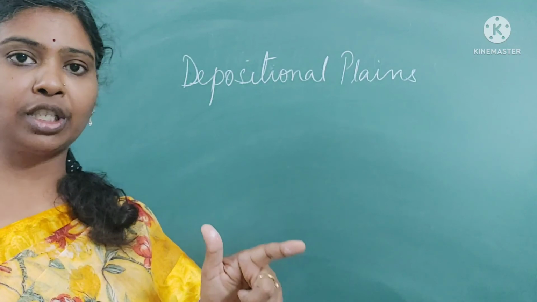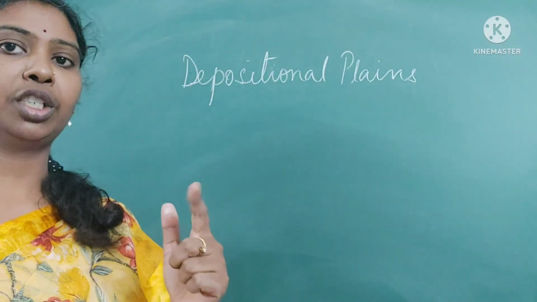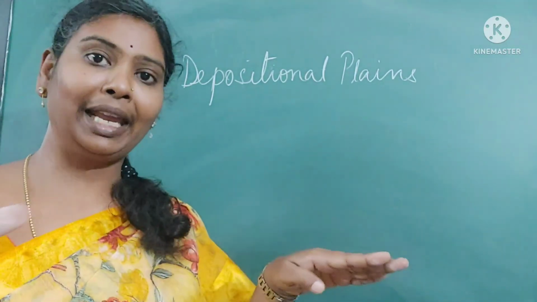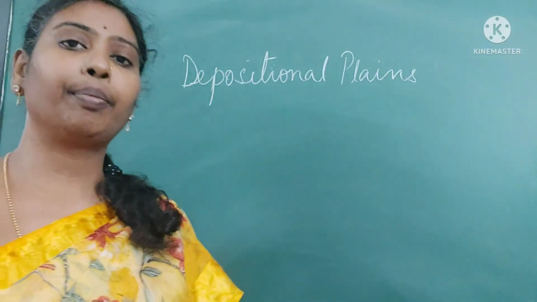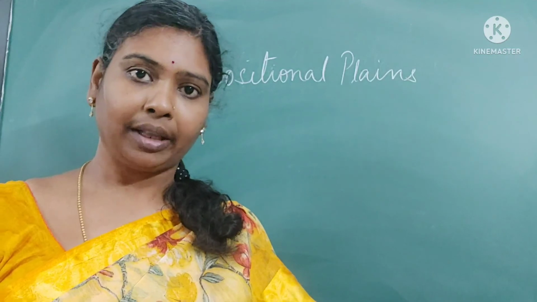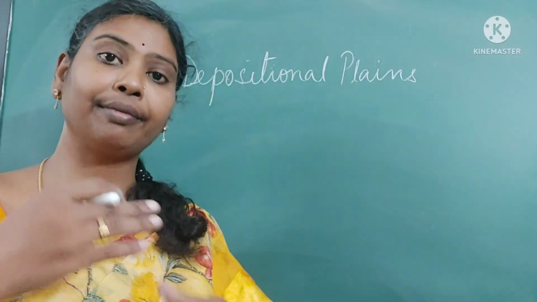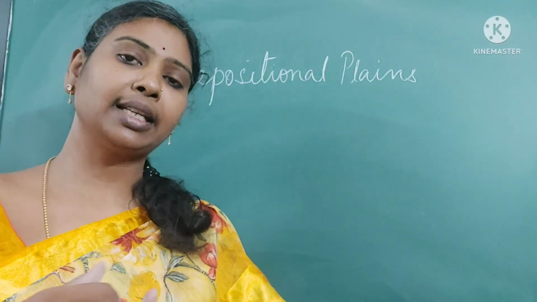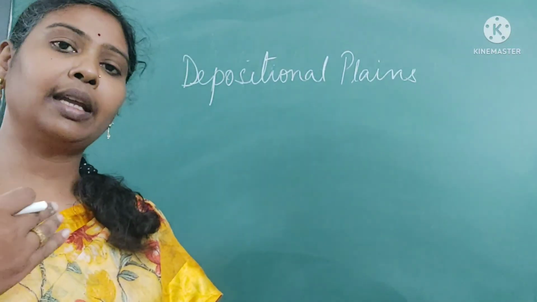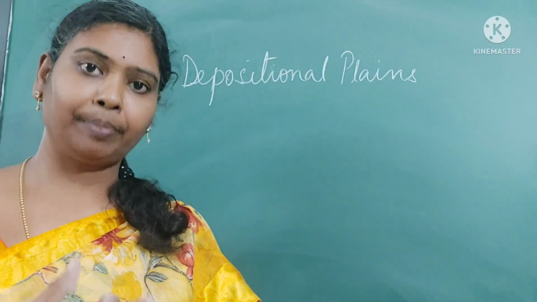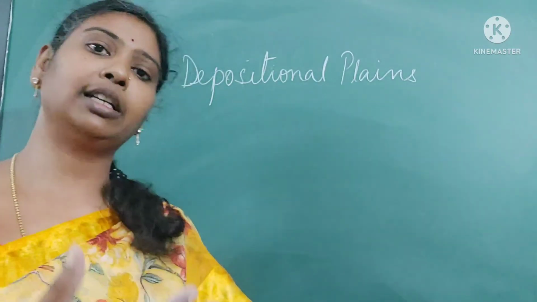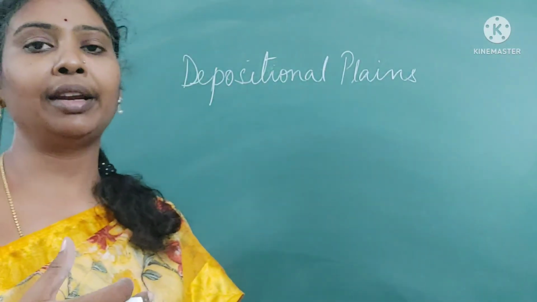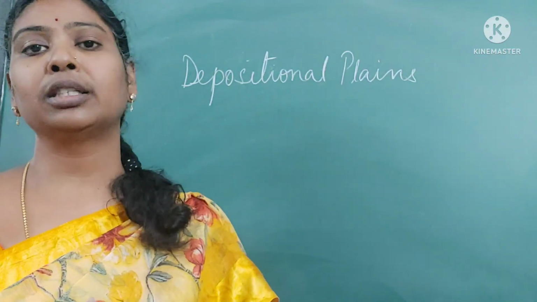So when these depositions form a plain, then that is known as a depositional plain. Maybe it is alluvium or maybe it is something else. Whatever the deposition may be, when it forms a plain, it is known as a depositional plain.